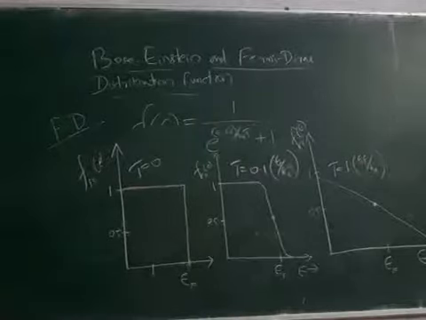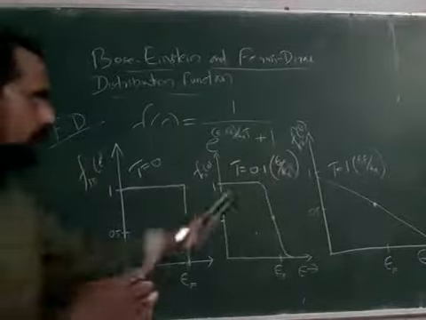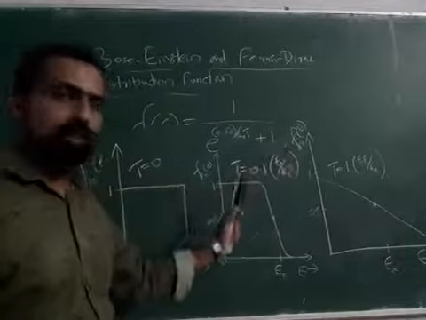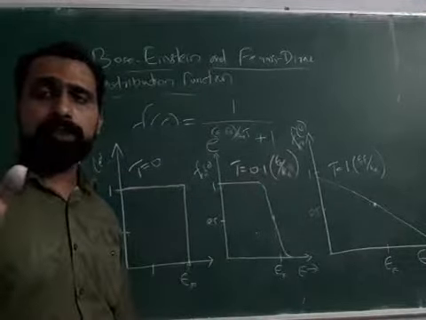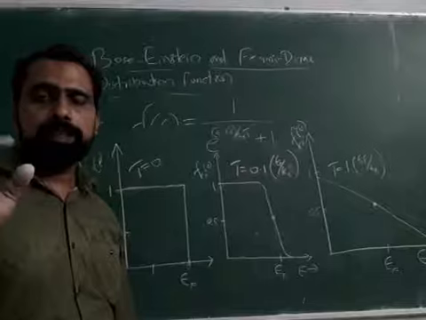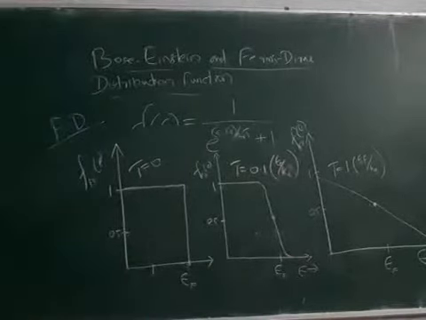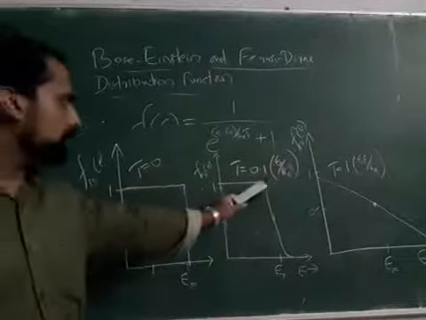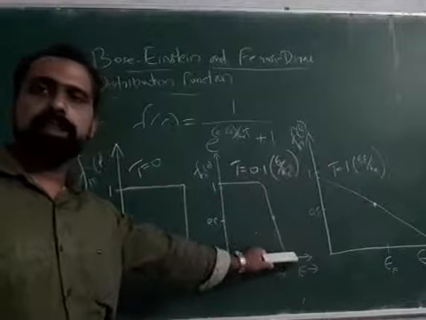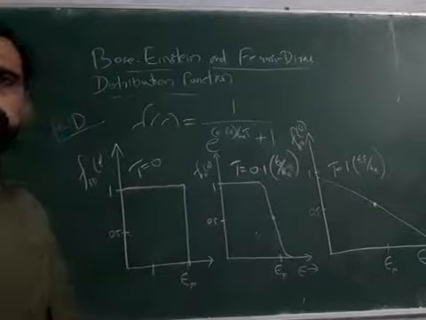Now, as the temperature is increased above T equal to 0, but with kBT still smaller than EF, you have to keep in mind that kBT is smaller compared to EF, not higher. Then the fermions will leave the states just below epsilon F to move to higher states above EF.